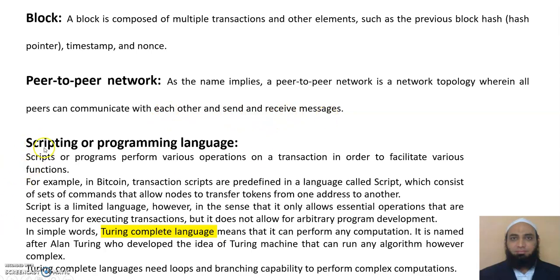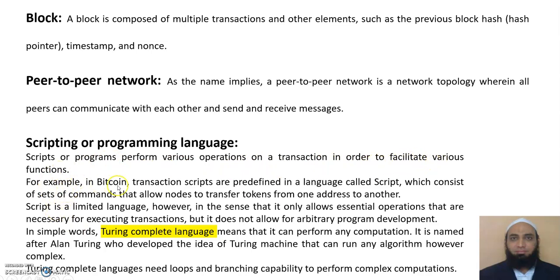Then we will see what scripting or a programming language is. For anything to run, the backend is scripting. Scripts or programs perform various operations on a transaction in order to facilitate various functions.